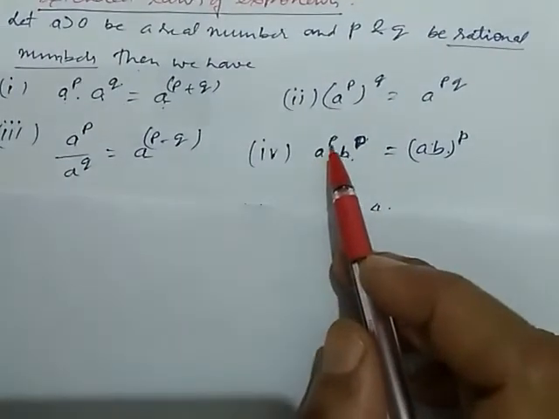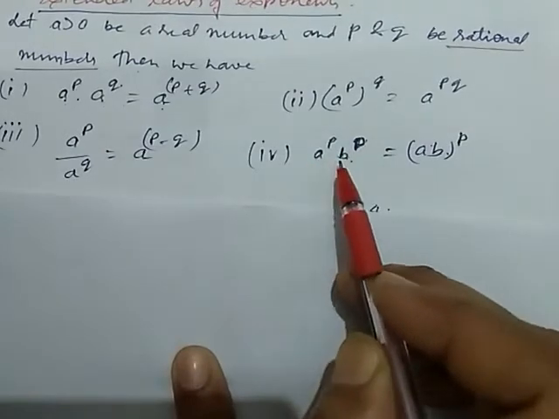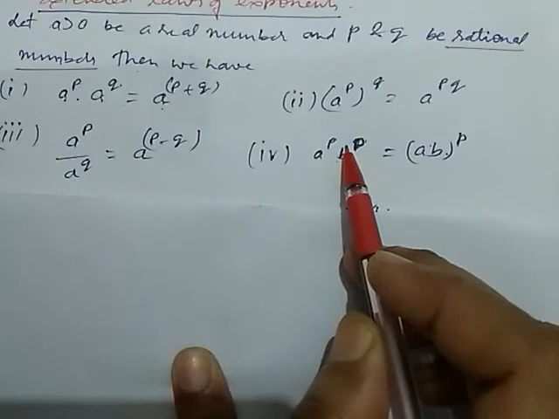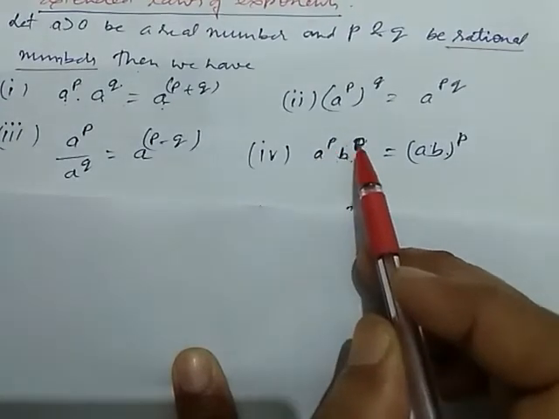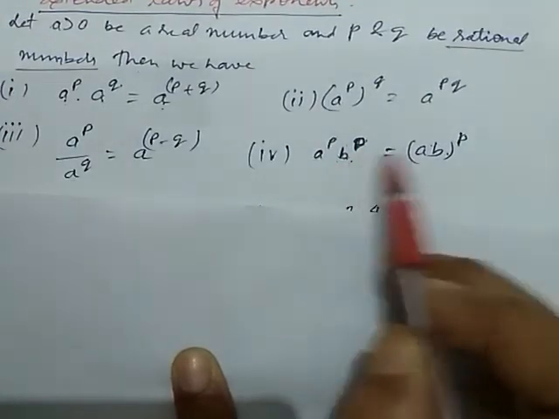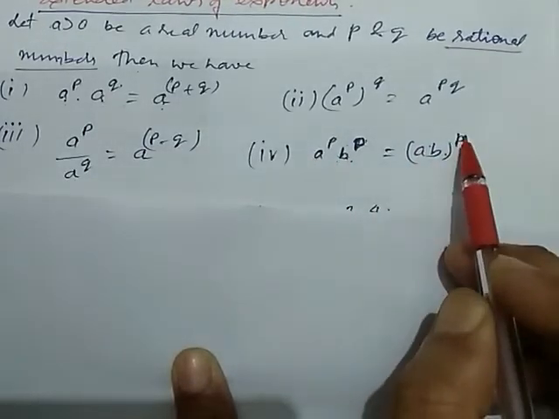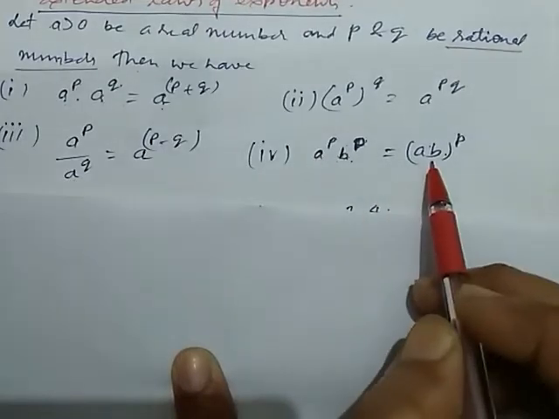A raised to the power p, b raised to the power p. Here the bases are different, so we cannot add the powers, but both different bases have the same power, so we multiply the bases and put the power as it is. Here a into b whole power p, so the power is constant and the bases are multiplied.